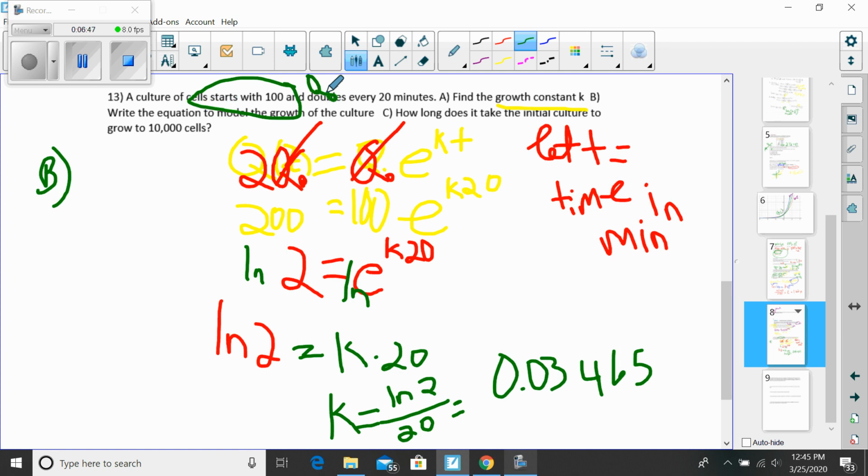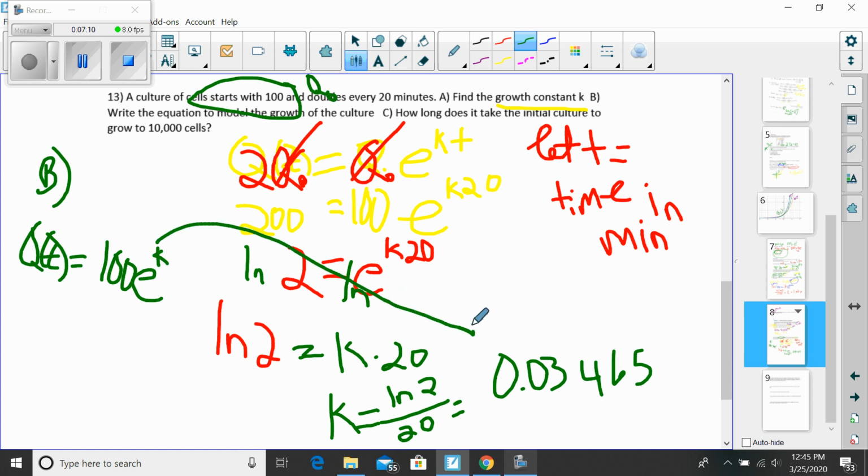The stopwatch starts ticking when there's 100 cells. So that's how I know that at time 0, there were 100 cells. And then from that point forward, e to the k, I'm just going to write k, knowing that k is this guy, kt.